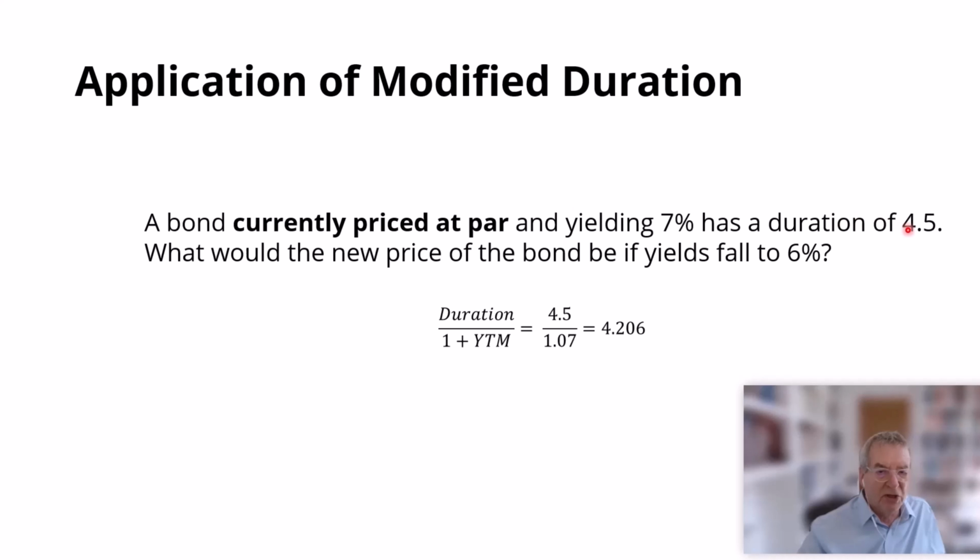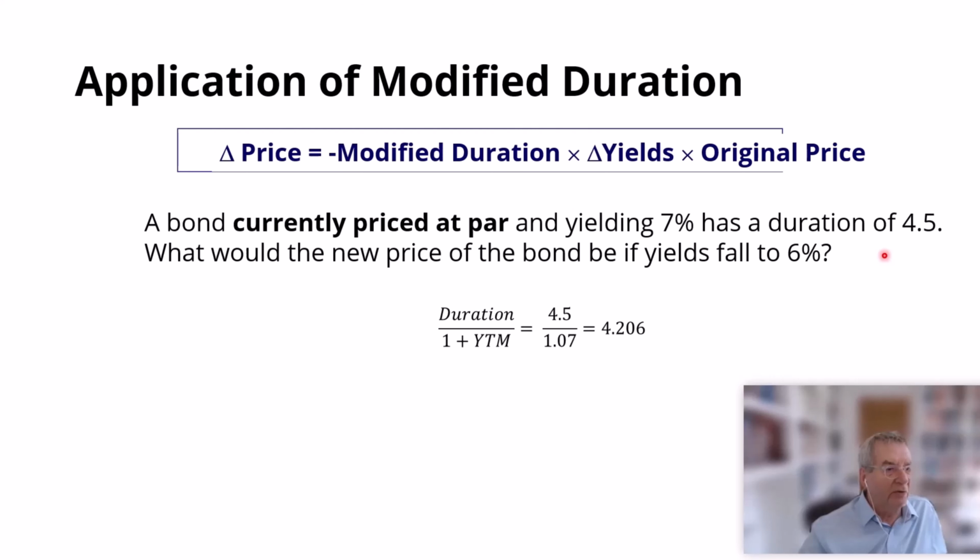This is the Macaulay duration, and it amounts to 4.5 years. And the question which banks, asset managers, investors face really almost on a daily basis is, what would the new price of the bond be if the yield was to fall to 6%? In other words, we can also think in terms of the discount rate changing from 7 to 6%.